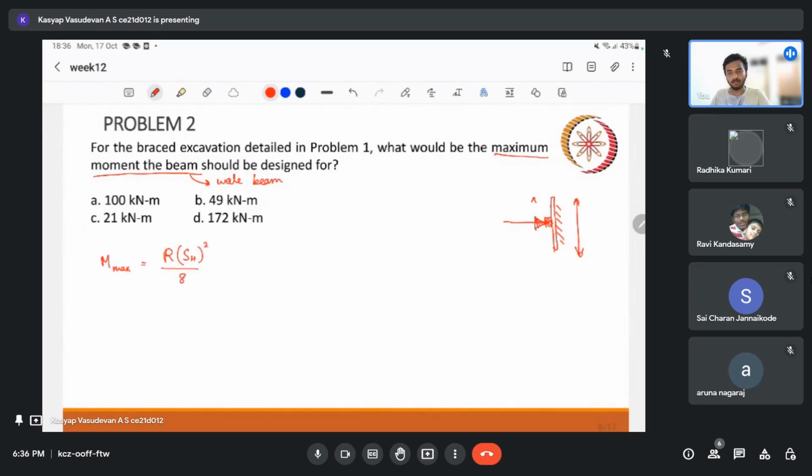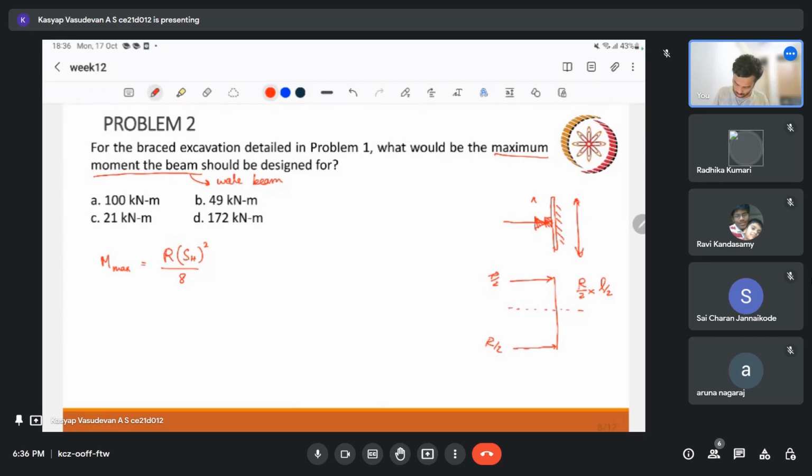It's nothing but the bending moment of a simply supported beam. With a single load, assuming a simply supported beam, the reaction is R by 2 and the maximum moment will be at the middle, so I can take it as R by 2 into L by 2.